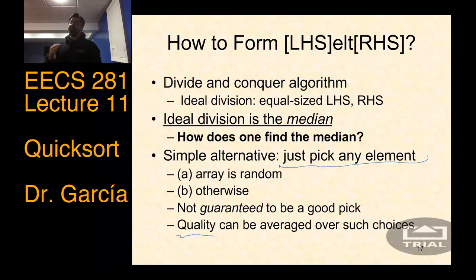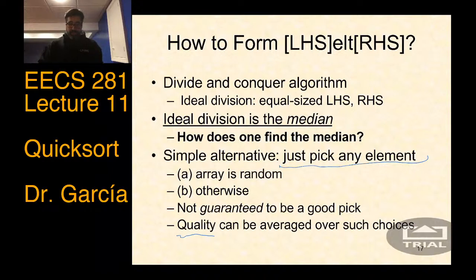Remember, we're going to have multiple recursive calls, which means multiple calls to the partition function, which means we're going to pick a pivot multiple times. And if you average out the quality of picking such pivots over all the times that you're selecting a pivot, it comes out that picking at random is not that bad.